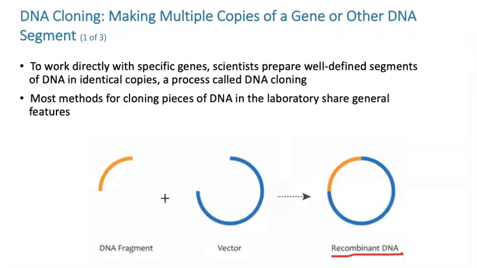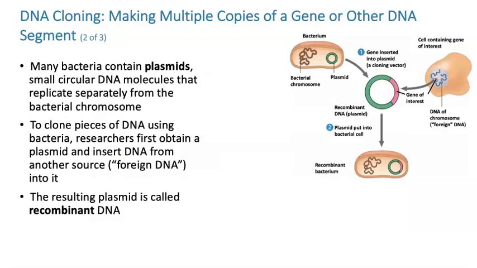Notice that in the previous slide, when the DNA fragment combined with the vector, it made a circular chromosome. And remember that circular chromosomes are found in prokaryotic organisms, like bacteria. Those circular DNA can either be chromosomes, and the chromosomes are really big, right?